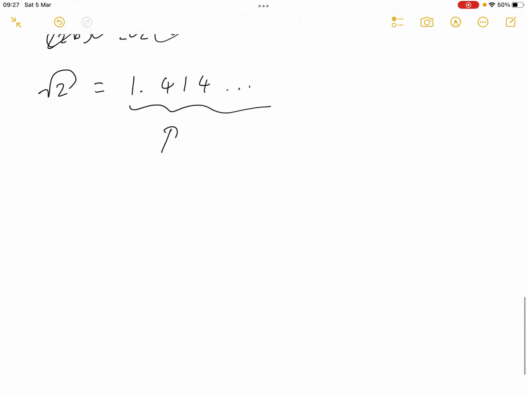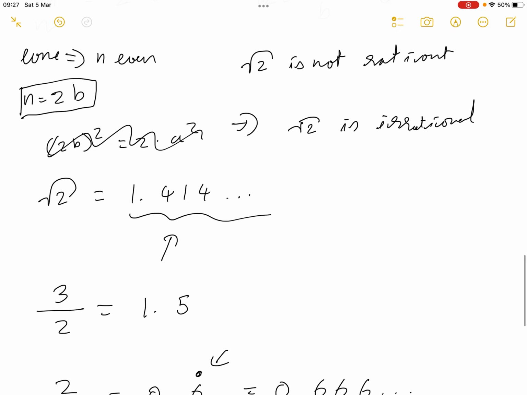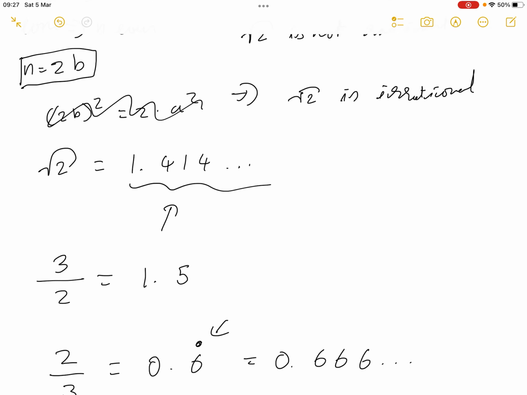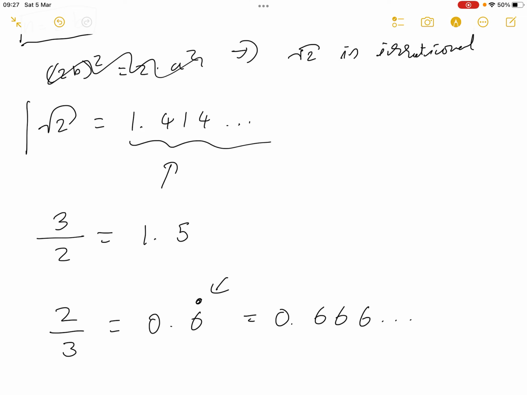So 3 over 2 is a rational number. It terminates, right? On the other hand, 2 over 3 doesn't terminate, but the digits repeat. And this is a notation that means 0.666. But for an irrational number, the digits never repeat. And that's one big difference between rationals and irrationals.